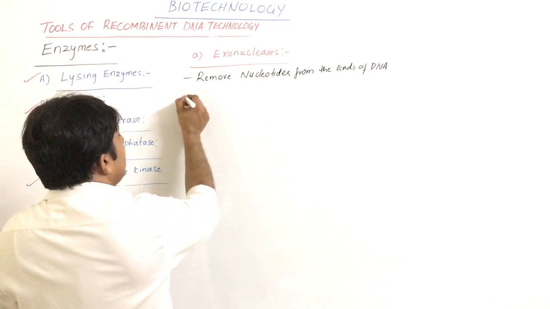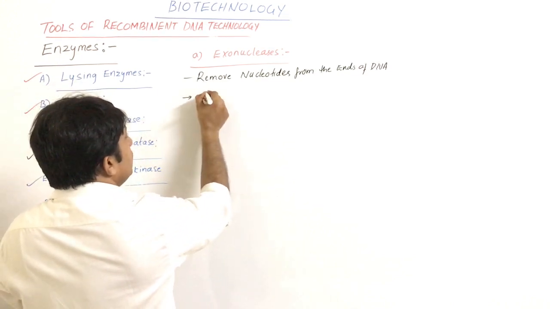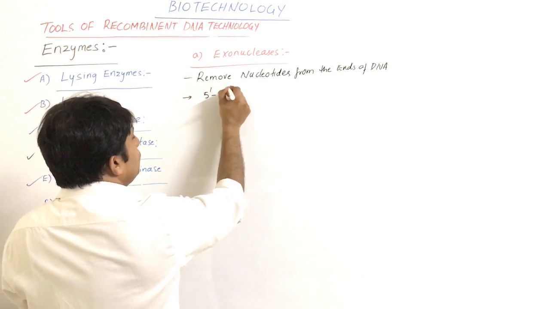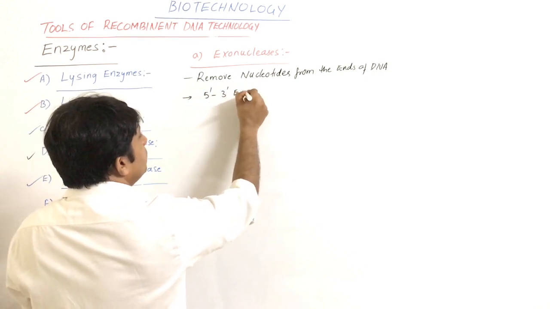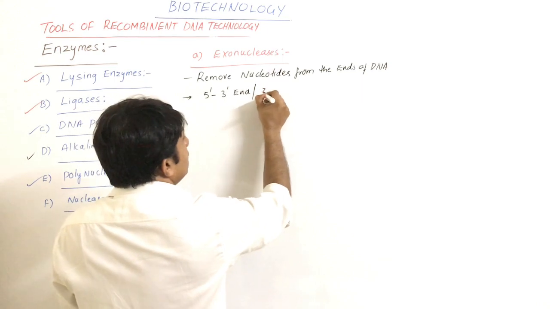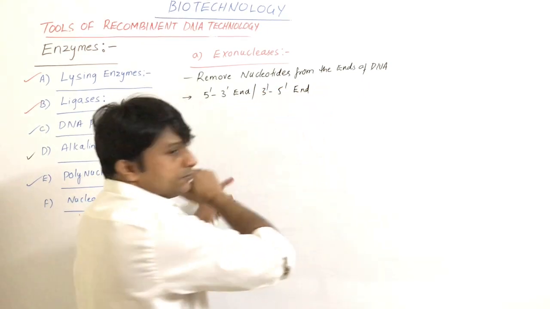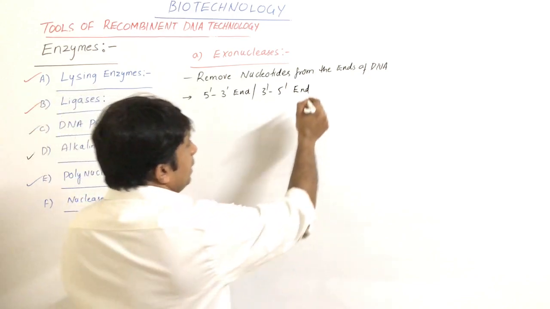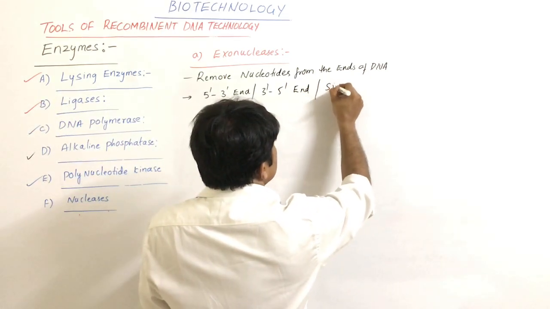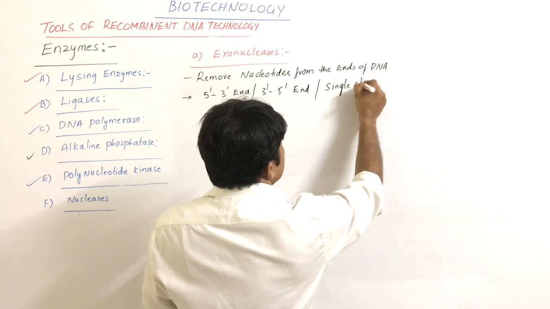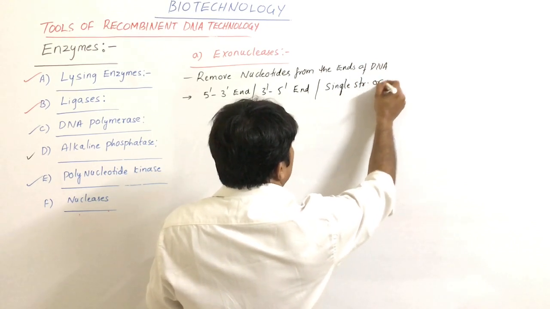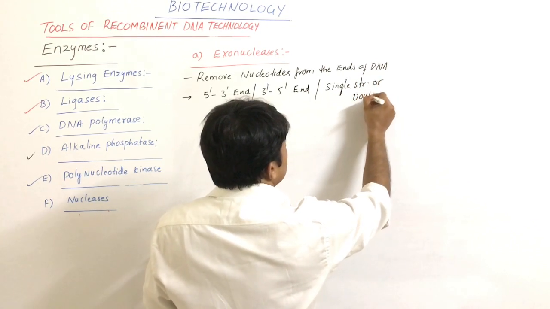That means they can remove the nucleotides from the 5' to 3' end or 3' to 5' end in a DNA. Either it could be a single strand or a double strand DNA.